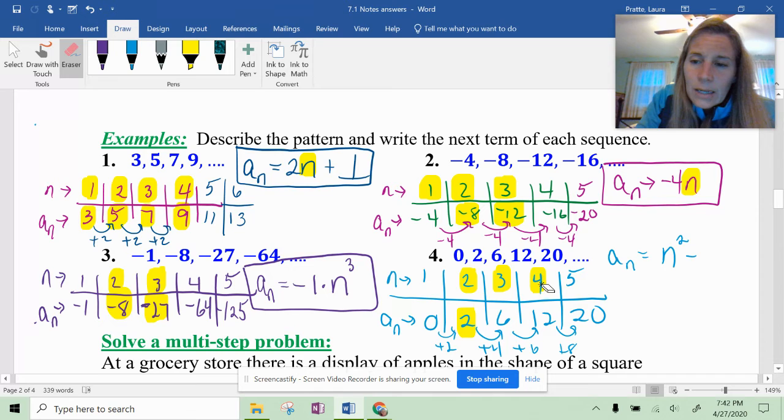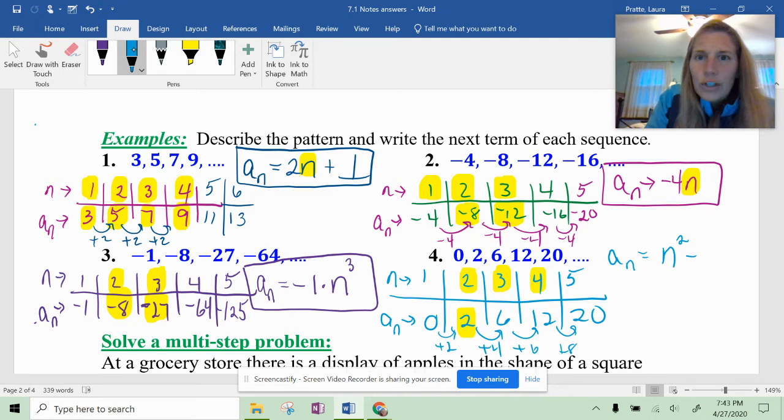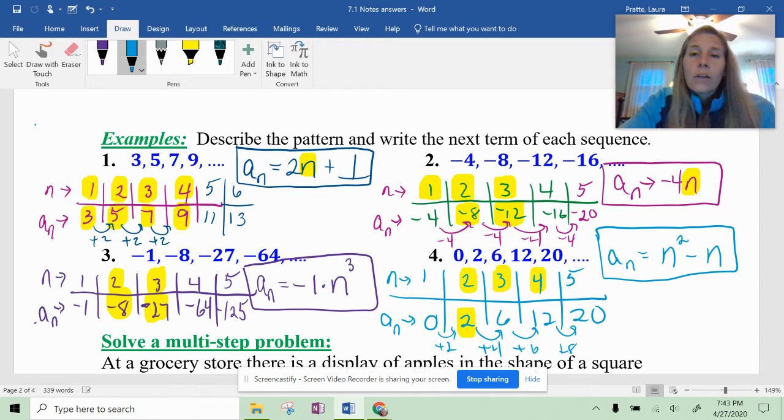So let's take a look at the next one, see if that kind of gives us a clue. If I do 4 squared, I get 16. What would I have to subtract to get to 12? A 4. So you're noticing each time you're subtracting by the original number, which was the n. So your rule this time would be you take the n and you square it, and then you subtract the n from that product.